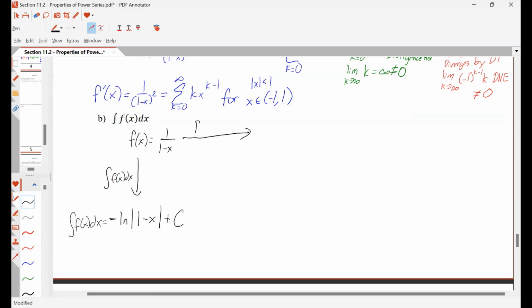But the power series for this function is the series k equals 0 to infinity x to the k, as we have known for a while. If I want to find the power series for this function, I can integrate x to the k.